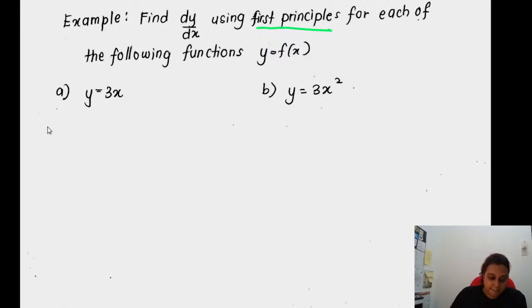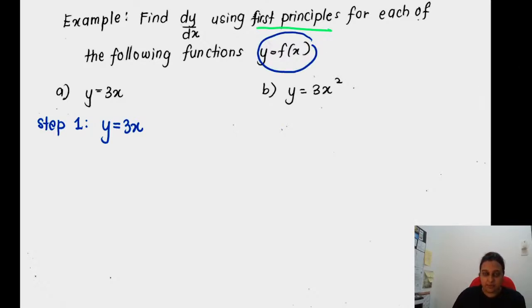First step. Okay, I'm just going to write the step so that it's something you can remember. Let me copy: y equals 3x. You cannot use y. You have to change the y to become f(x). Make sure you change y to f(x) first.